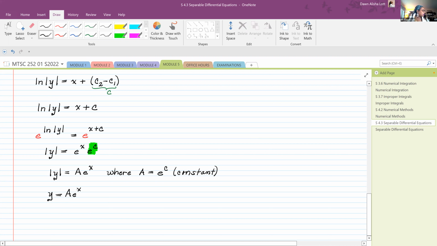So this is my general solution. It's general because we still have a constant in it. So this is the general solution of the ODE.